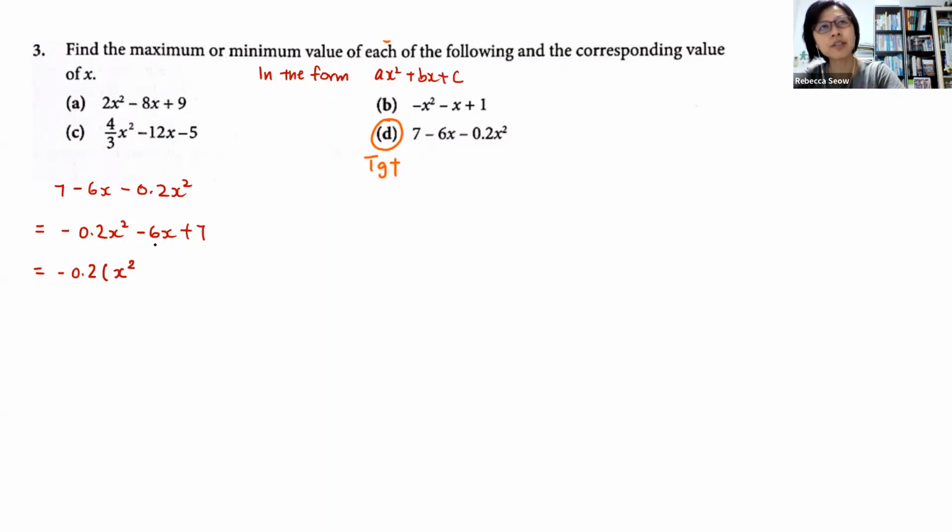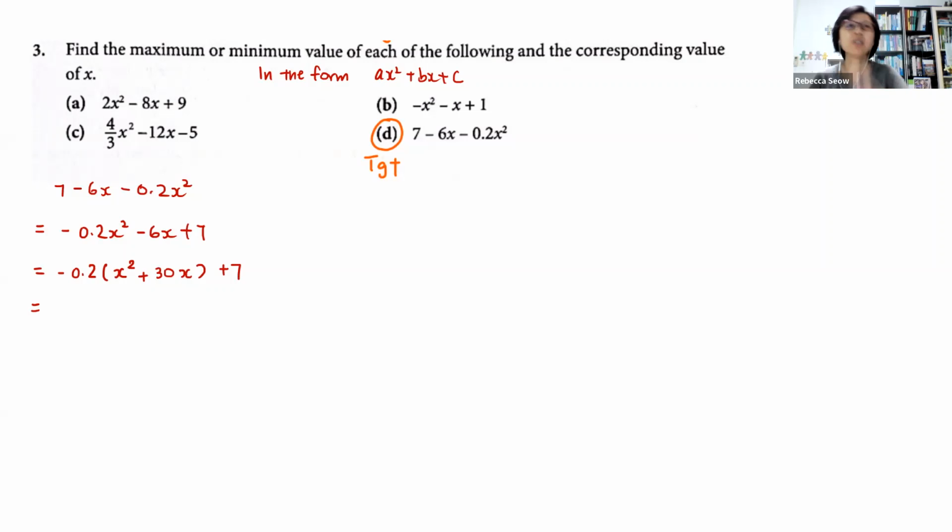Okay, we got to factorize 0.2 out of minus 6. So we take minus 6 divided by minus 2. So what we end up with is 30 plus 30 x, and I'm going to leave 7 out, okay? Because when we complete the square, what we essentially need is the first 2 terms of the expression.